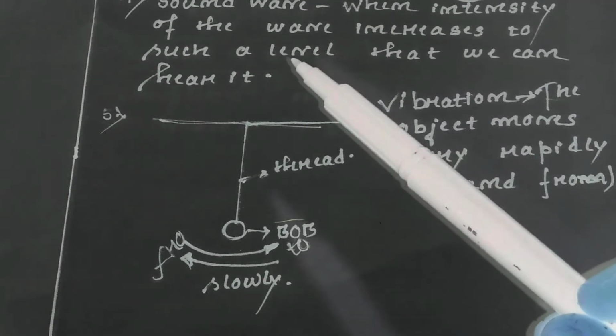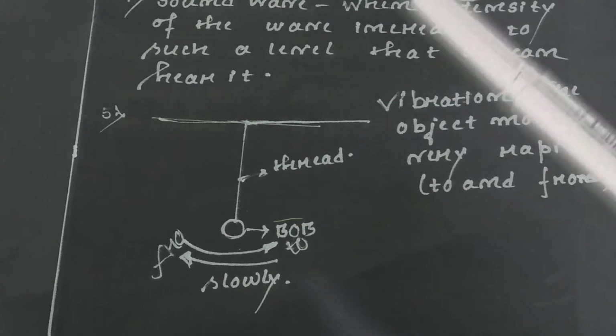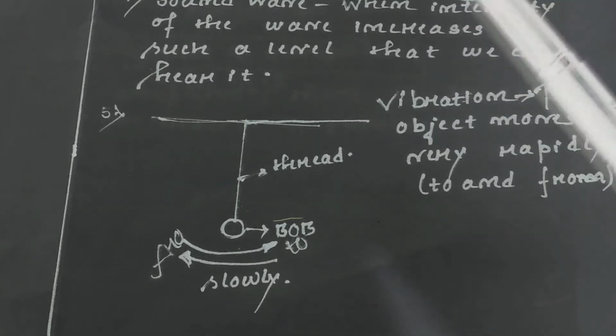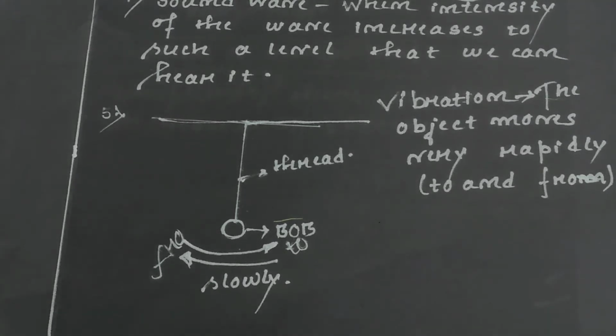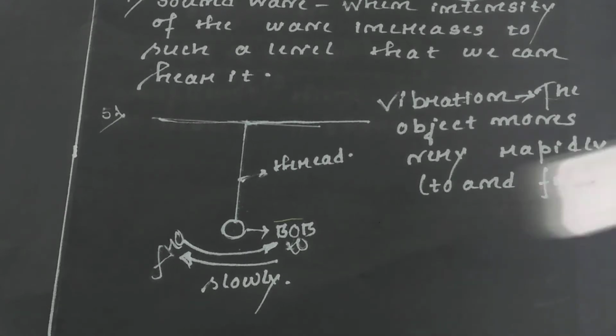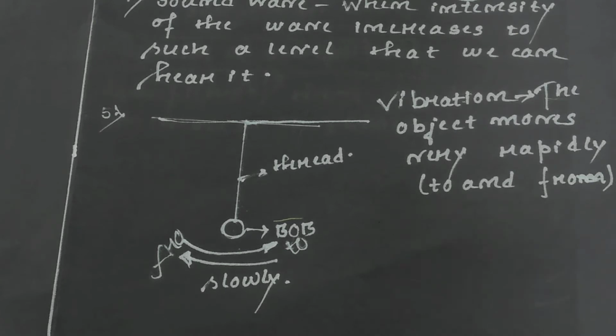Whereas when a bee moves its wings up and down very rapidly, we are able to hear a sound. That sound is produced by a very fast moving wing feather, and that will be called vibration.